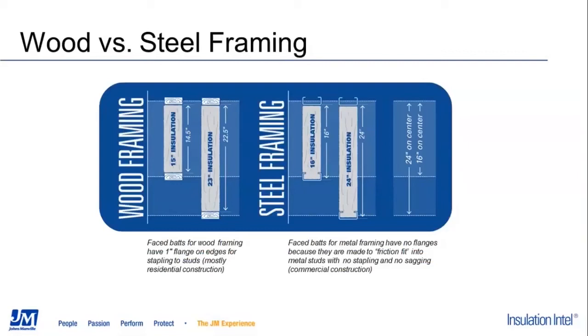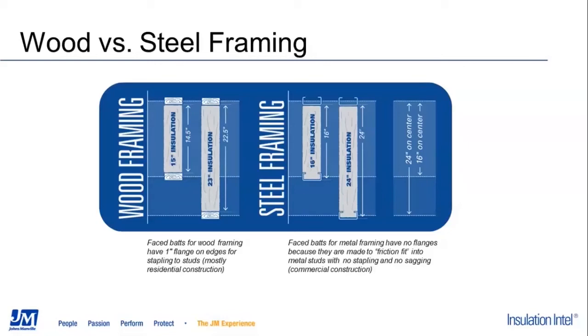Therefore, Batt products are going to be manufactured to accommodate the appropriate 16 or 24 inch on center spacing to friction fit into that cavity. So most Batts are manufactured to 15-inch width for 16-inch on center wood framing and 23-inch width for 24-inch on center wood framing.